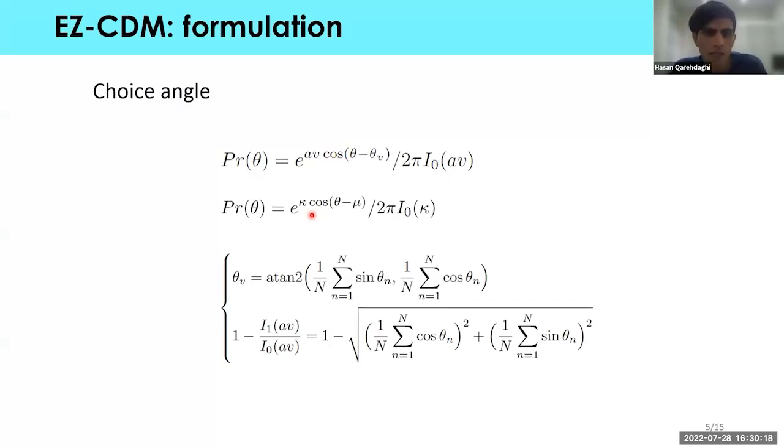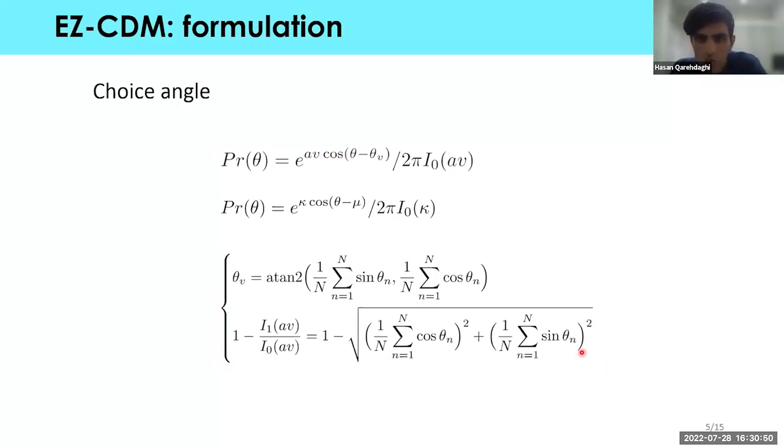Actually, the maximum likelihood estimates of this family of distributions should satisfy these two equations. The right-hand side in the first equation is called the angular mean, and the second equation is called the angular variance of the distribution in directional statistics.